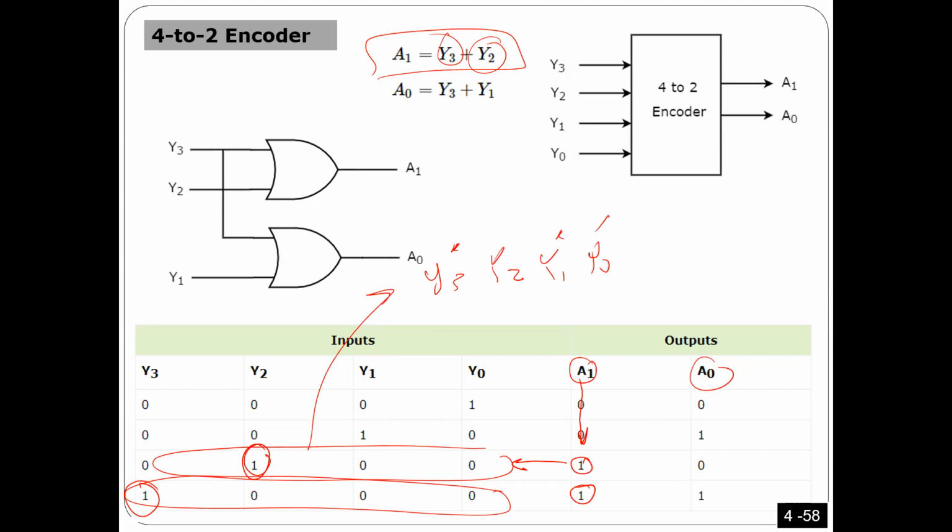Because there is only one case where Y0 is 1. This is not going to happen again. This is different from what we did before.